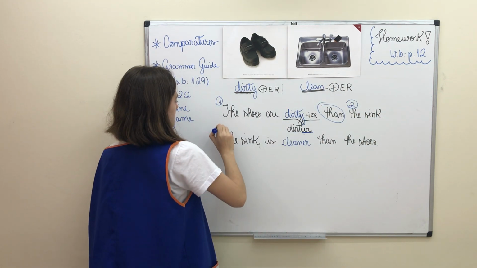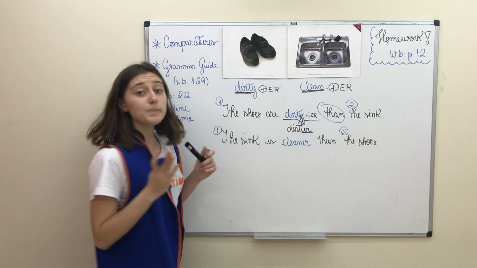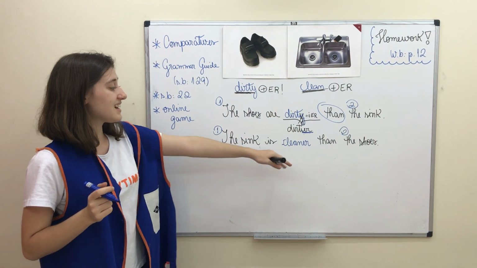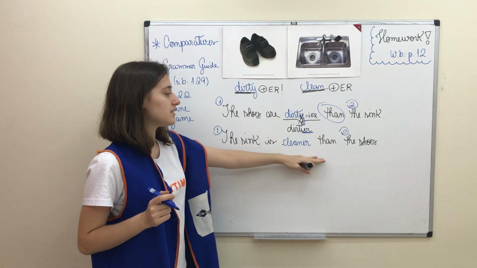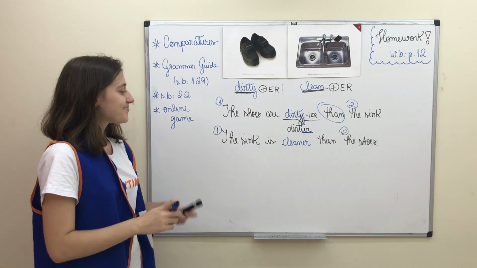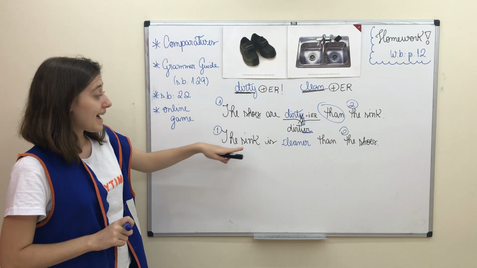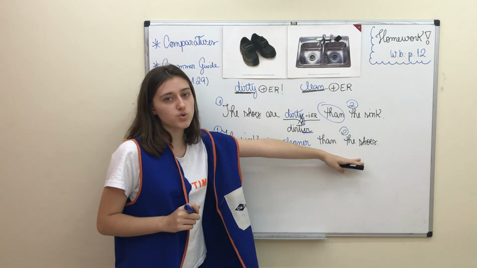So I started with the sink and I ended with the shoes. So repeat. The sink is cleaner than the shoes. The sink is cleaner than the shoes. Repeat. So, a sink é mais limpa do que os shoes.